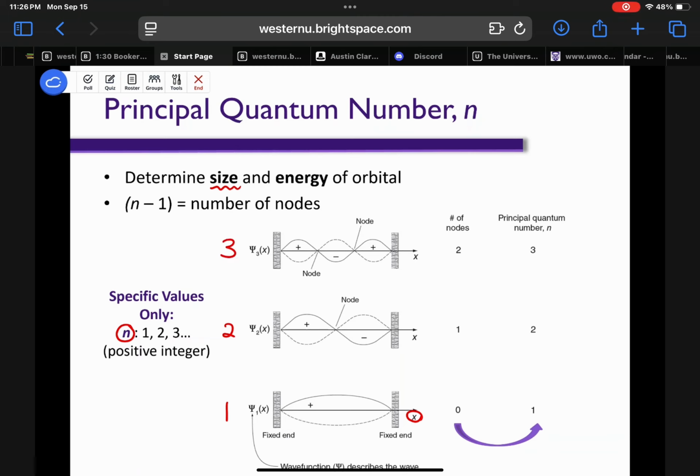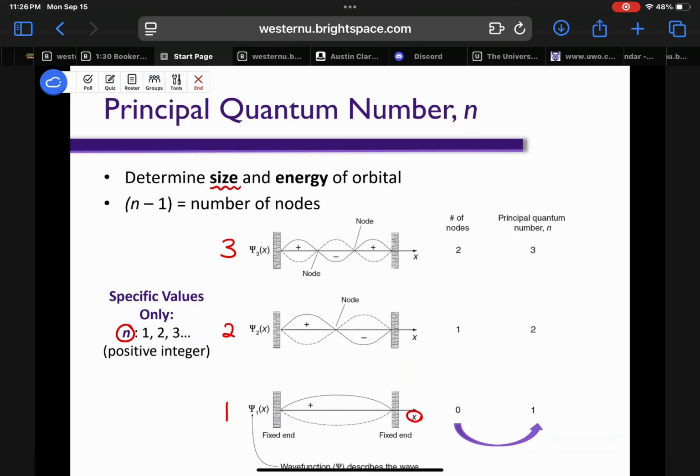As the principal quantum number gets bigger, the energy of that orbital increases, and the size of that orbital increases as well. If we know what n is, that principal quantum number, we can very quickly calculate the number of nodes, the number of planes or spheres or regions of space that the electron will not be found in that orbital.